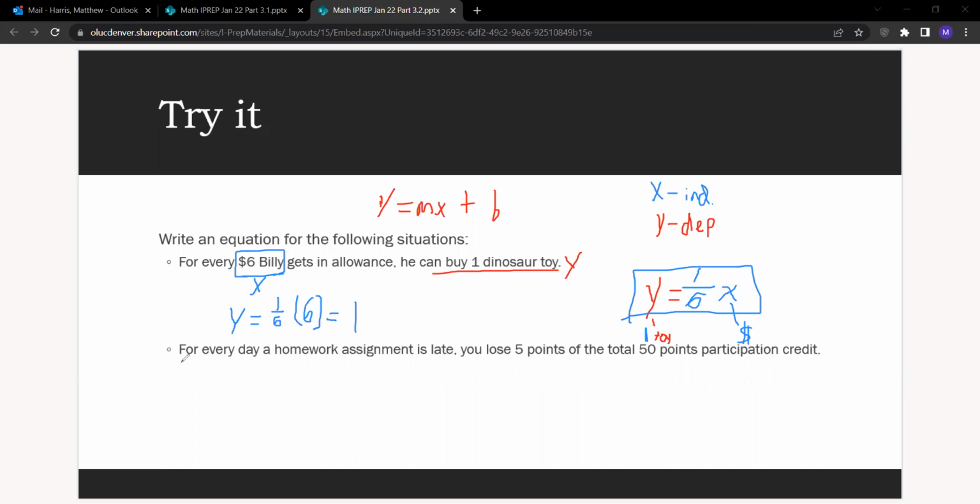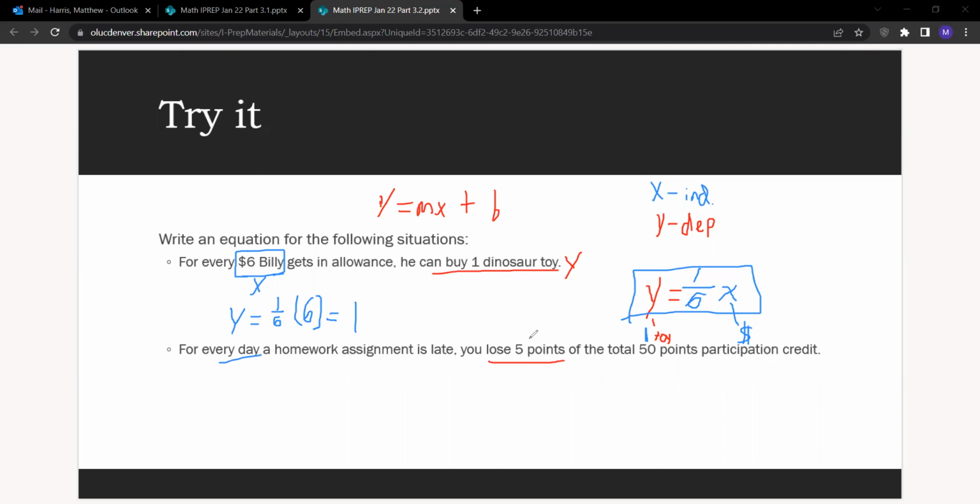For every day, that tells us right now that day is our independent, because they're saying for every day you lose 5 points. The amount of points that you lose depends on how many days it's late.